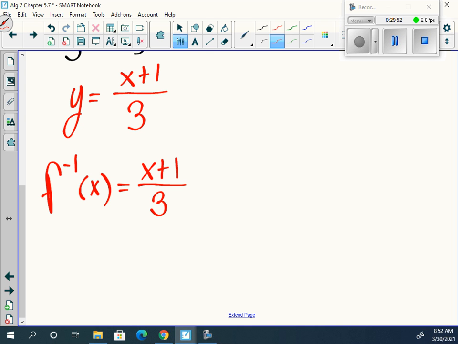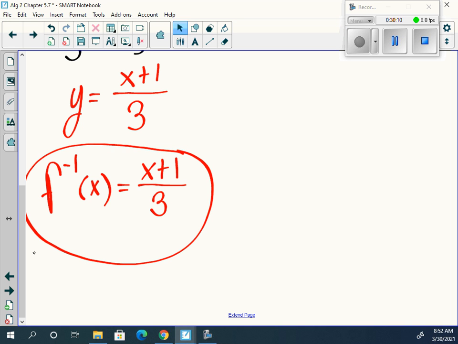And that last step is really signifying that this is the inverse function. Because our last step is rewriting y as f inverse of x. So this here is the final answer. And that's it for this here, because it just asked us to find the inverse. It didn't ask us to find anything else.